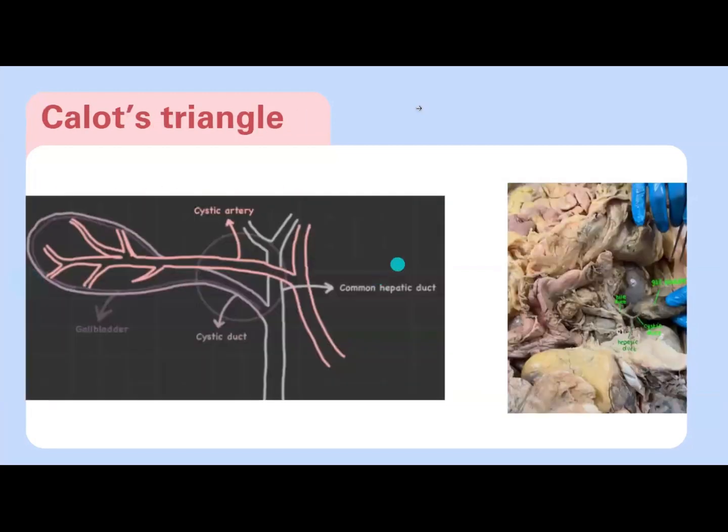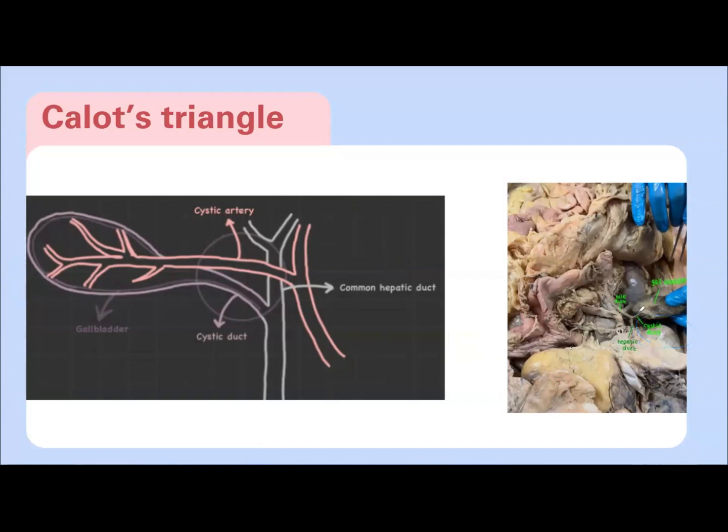Can you point at it again? Okay, wait, I'm going to use the laser pointer to make it clear. So we have the cystic duct right here, and the hepatic duct right here. The hepatic duct is medial, so we're going to look at the lateral part, which is the entire area right here.